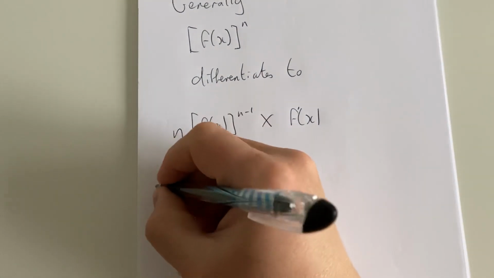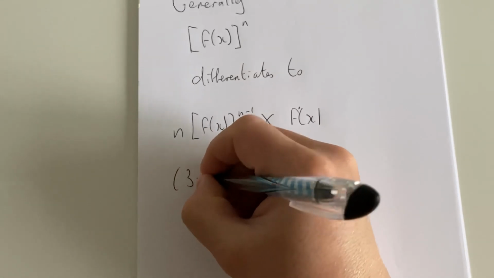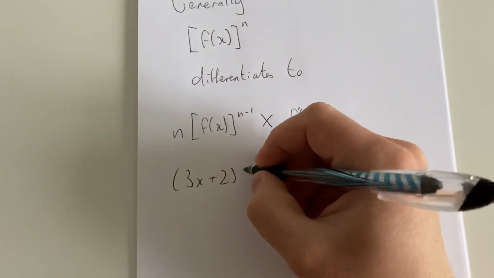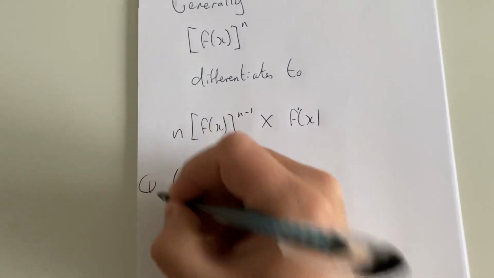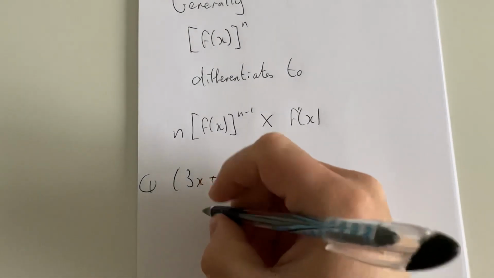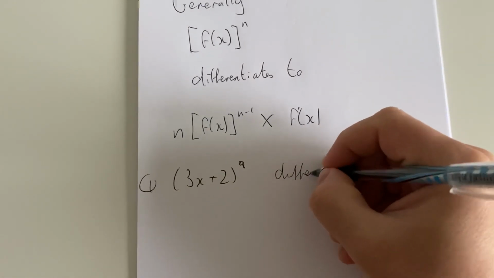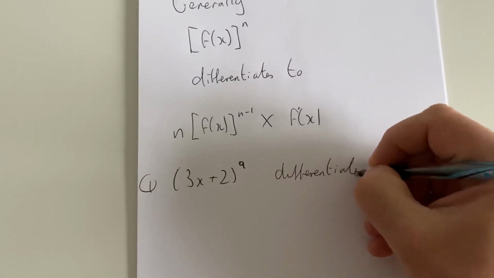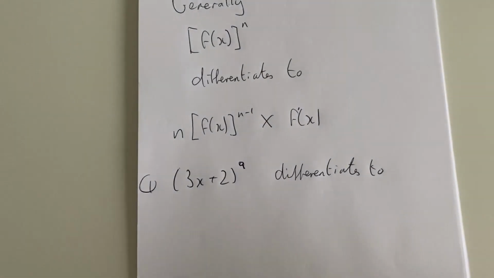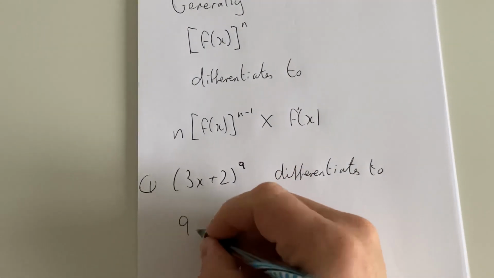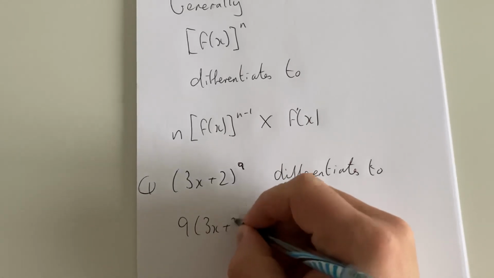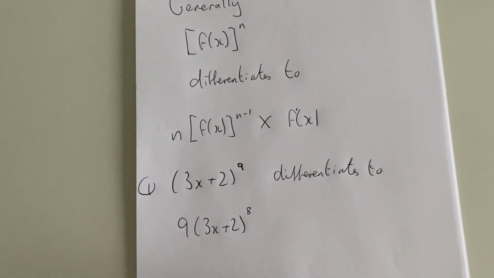So for example, if we did 3x add 2 to the power of 9, if you differentiate that, following this rule, you multiply by the power and lower the power by 1.